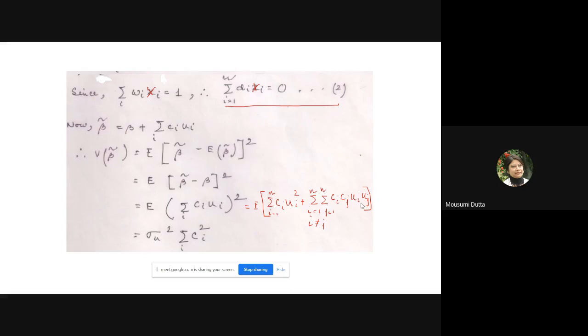Okay, so I hope you could complete the steps and could reach up to this. Anyone has any problem from this step? Could you reach to this? You have to take expectation of ui square. The square will be there.